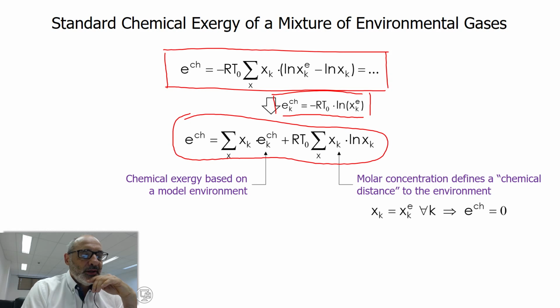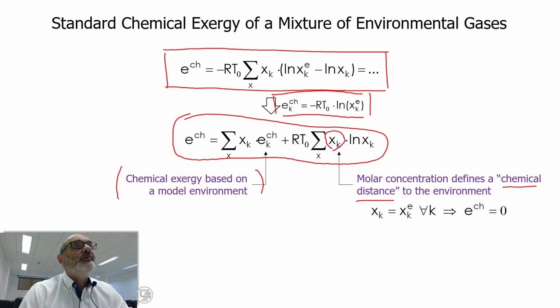So the first sum is the chemical exergy based on a model environment. And these molar concentrations here define what we could call a chemical distance to the environment.